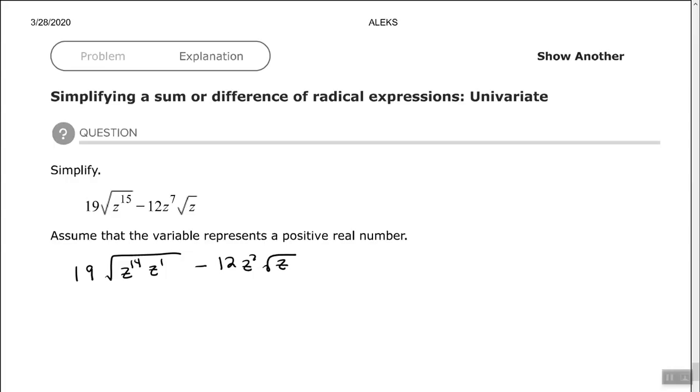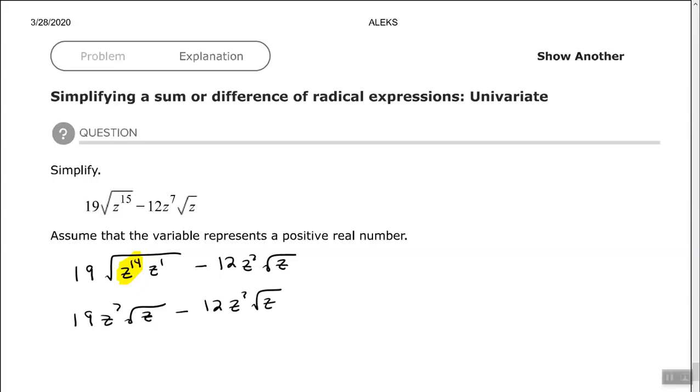All right, the second radical could not be simplified. Now I'm going to simplify the z to the 14th by taking the square root of that. 14 divided by 2, which is the root, is 7. Okay, so now I need to see if I can simplify this even more.